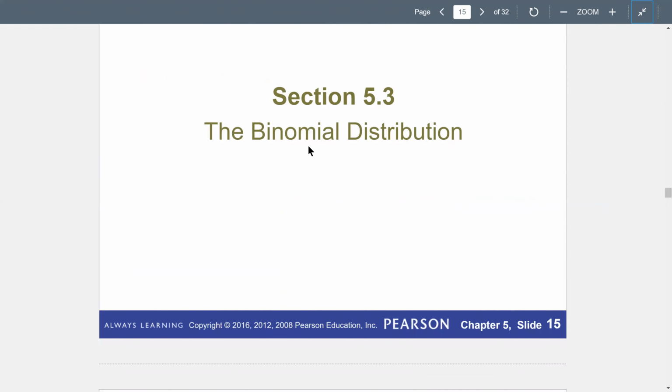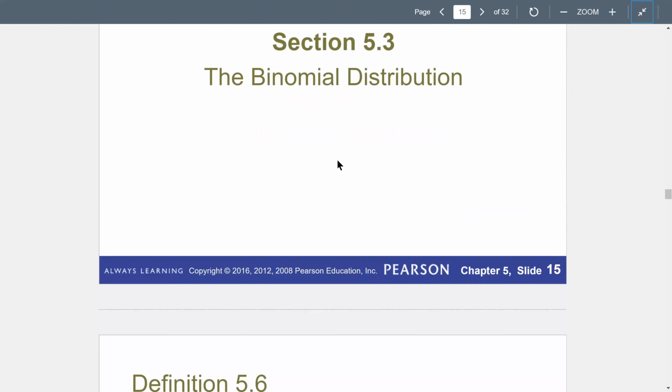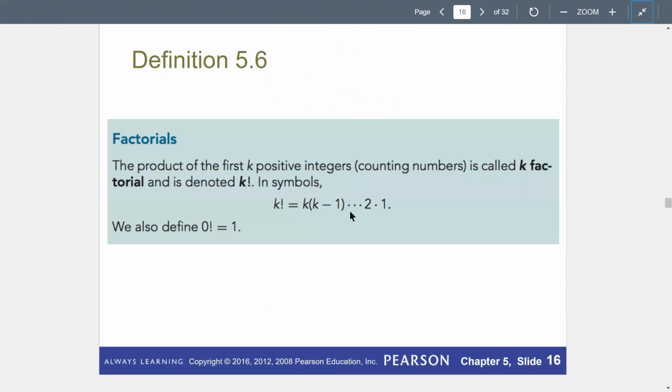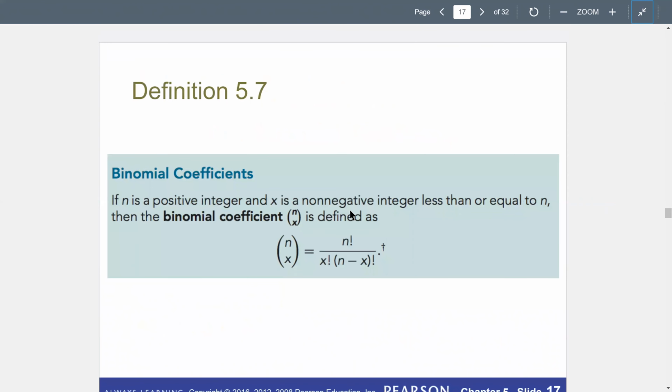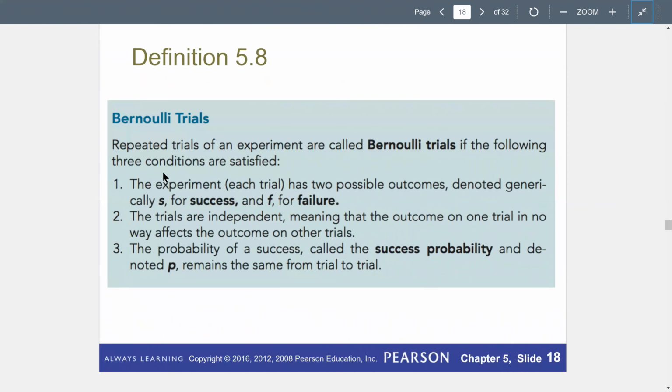Then the binomial distribution. What is the binomial distribution? It is the distribution that follows, meeting these criteria. Repeated trials of an experiment are called Bernoulli trials.